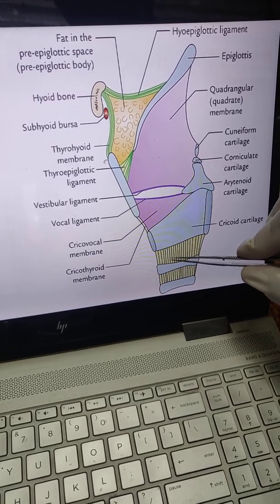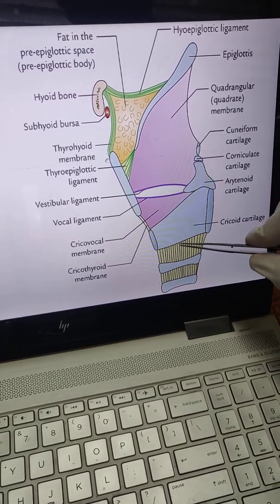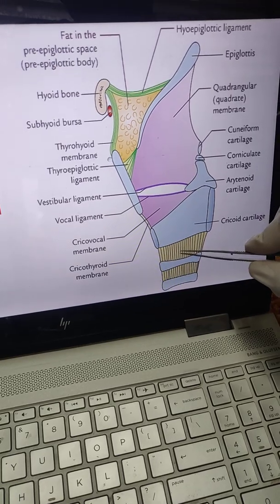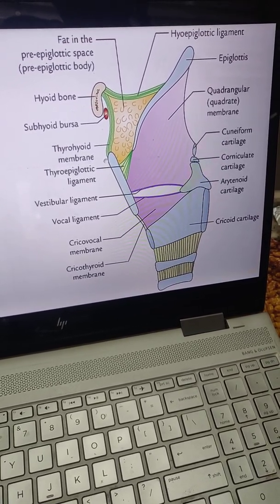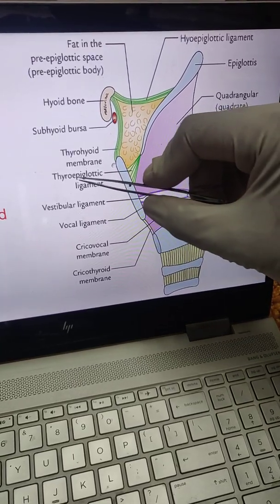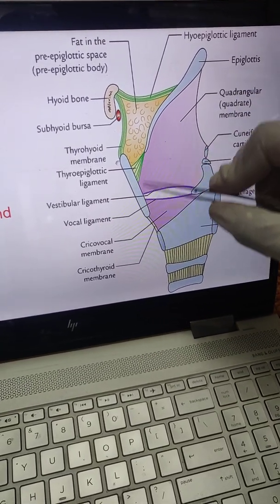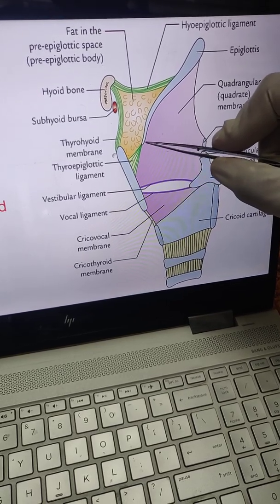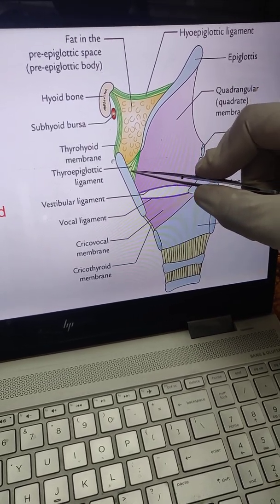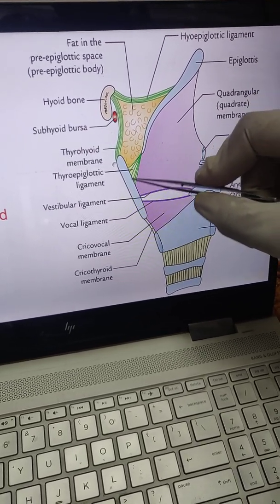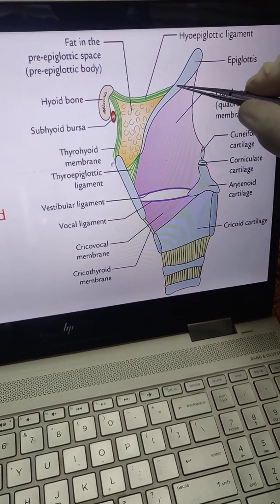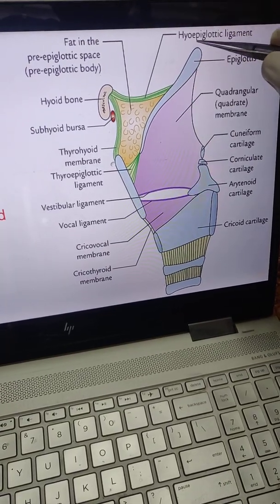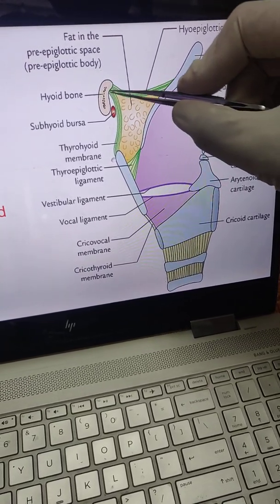It is between the first tracheal ring and the lower border of the cricoid cartilage. The thyroepiglottic ligament, here you can see this is the thyroepiglottic ligament, between the thyroid cartilage and epiglottis. The apex of the epiglottis is attached to the thyroid lamina posteriorly by the thyroepiglottic ligament. The hyoepiglottic ligament is from the hyoid bone to the epiglottis.